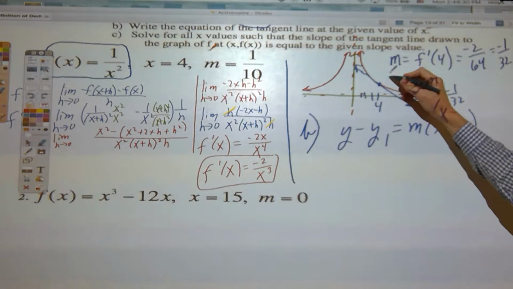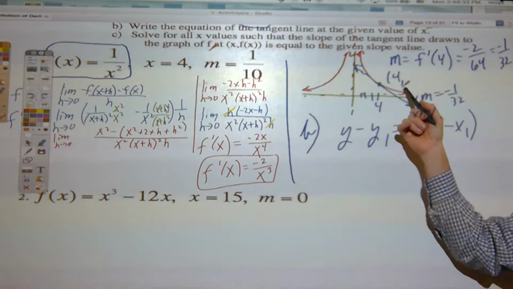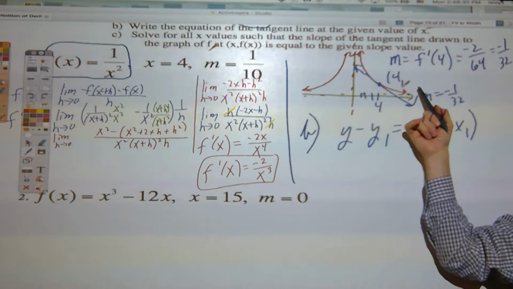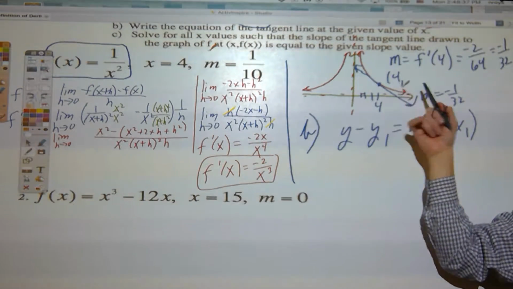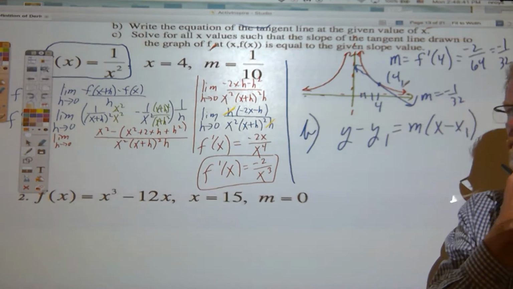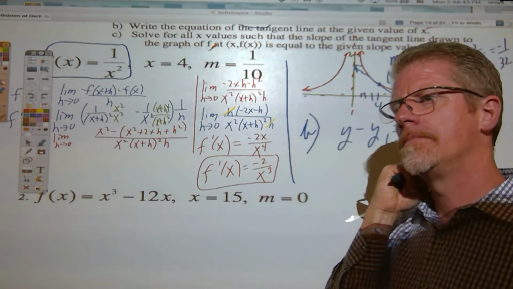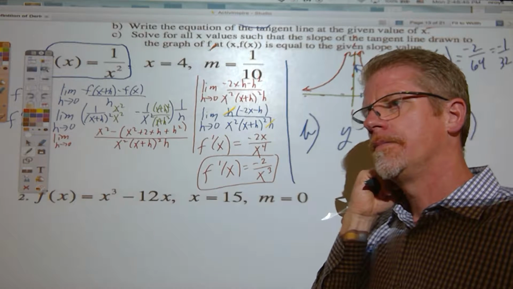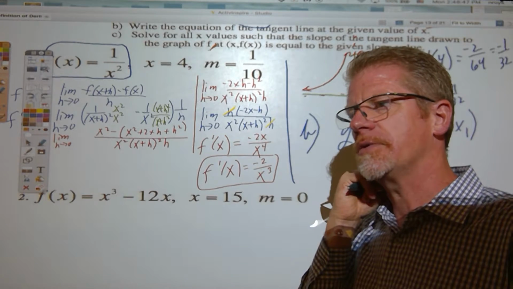We also need a point. The point is 4 comma something. Any ideas how I could find the y coordinate of the point of tangency, Shriana? What? I'm sorry? I was going to say just plug 4 into the original equation. That is exactly what you do.